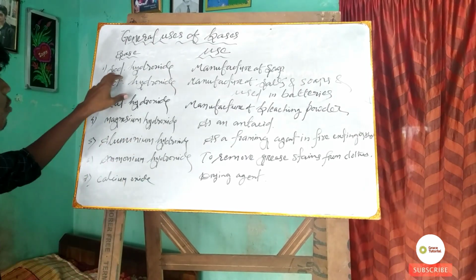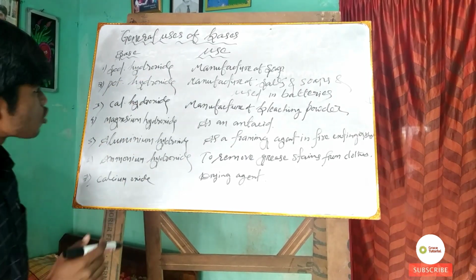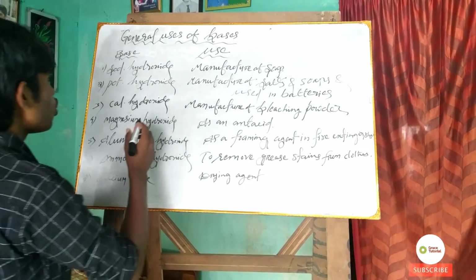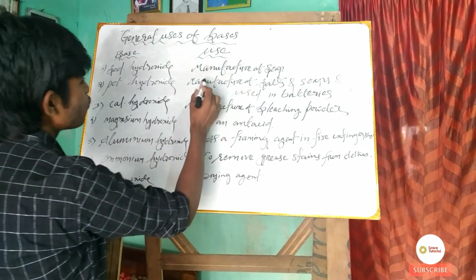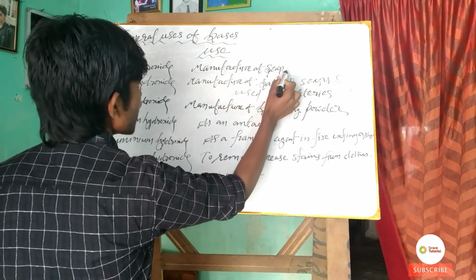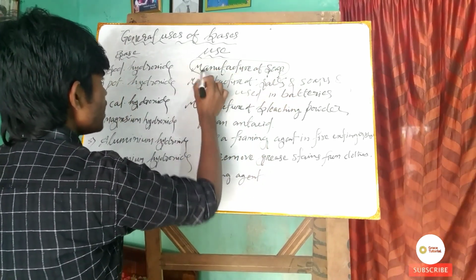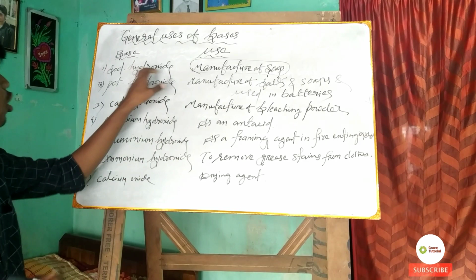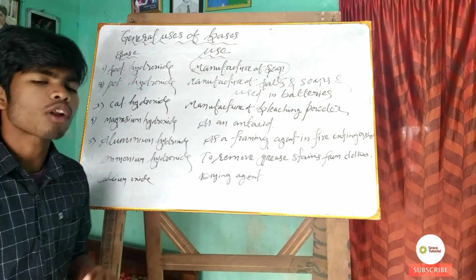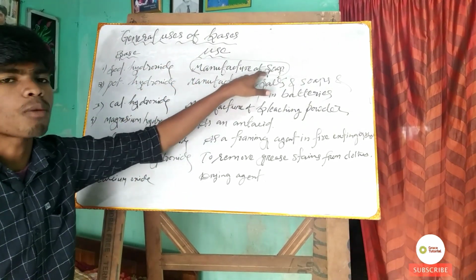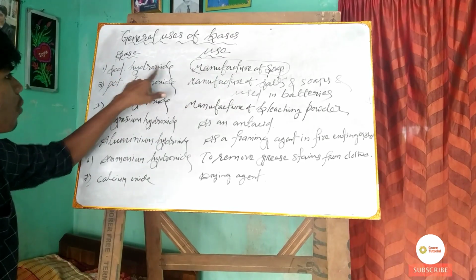For example, we have sodium hydroxide, that is NaOH, which is used in the manufacture of soap. In the manufacture of soap, sodium hydroxide plays a very important, key role. That's the use of sodium hydroxide.